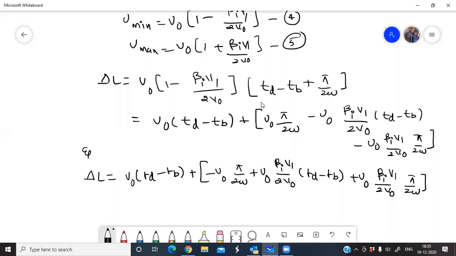Now, the necessary condition for all electrons to meet at the same distance delta L, I'm repeating once again, considering only 3 electrons TA, TB, TC, is what?